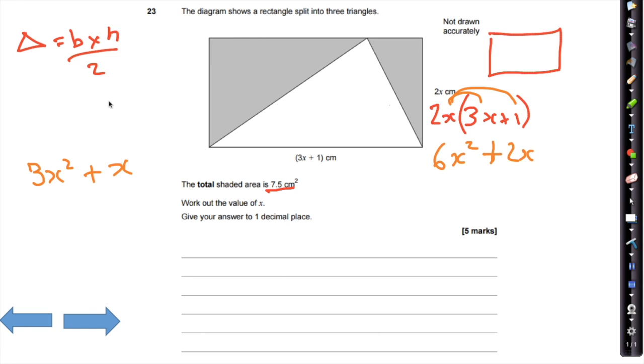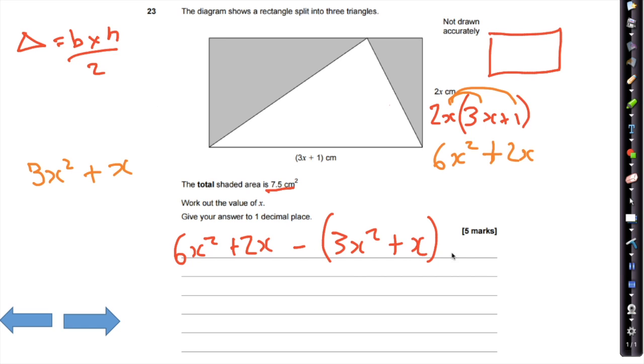So as we've got the area of that triangle and the area of the whole rectangle, what we can do now is subtract. So we know that the area of this missing bit here is going to be 6x squared plus 2x, so the area of the rectangle, subtract 3x squared plus x.